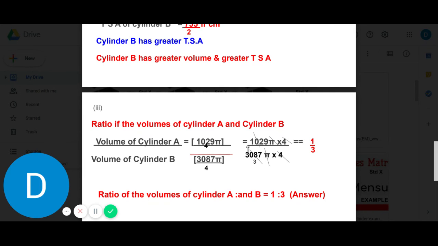That is equal to 1029 pi into 4 divided by 3087 pi into 4. That 4 and 4 get cancelled, pi and pi get cancelled, and 1029 goes 3 times in 3087. So the ratio is equal to 1 by 3. So the ratio of the volume of cylinder A and the cylinder B is equal to 1:3.